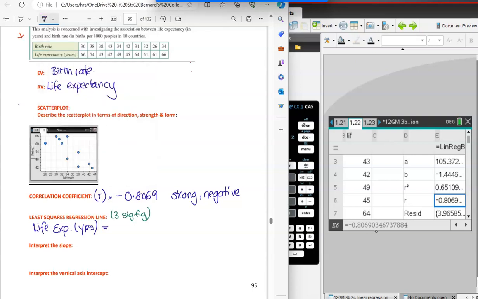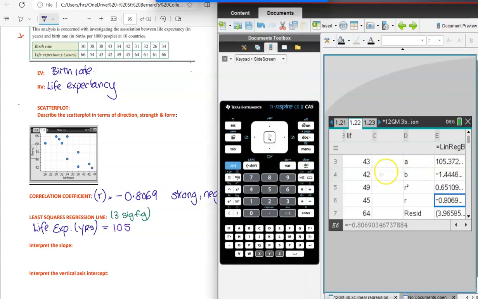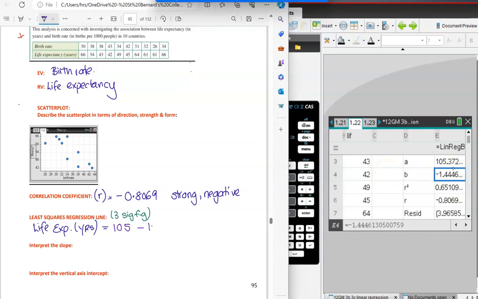So if I look up at the A value, it's 105 to 3 significant figures. And then the B value is minus 1.44. That's 3 significant figures. Now times the birth rate. Now the unit for birth rate, I think it was per thousand, so we'll just write that just to be safe.